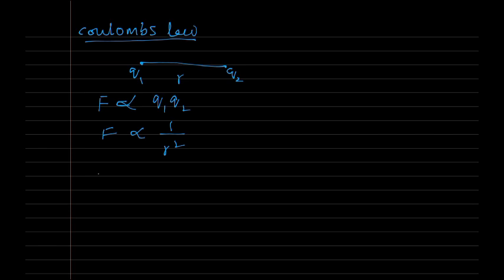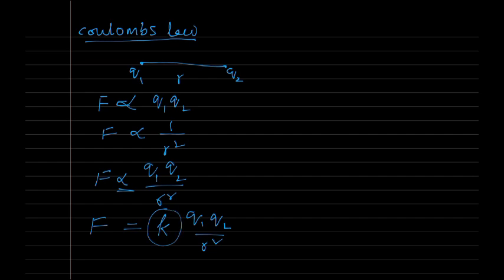Now if I combine these two relations, I'll get F proportional to q1 q2 by r square. In order to remove this proportionality, I have to introduce a constant, and I am introducing it as k: F equals k q1 q2 by r square. So this k is the proportionality constant.